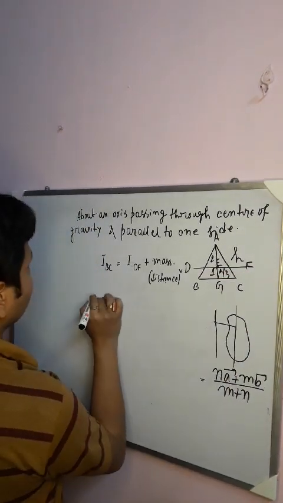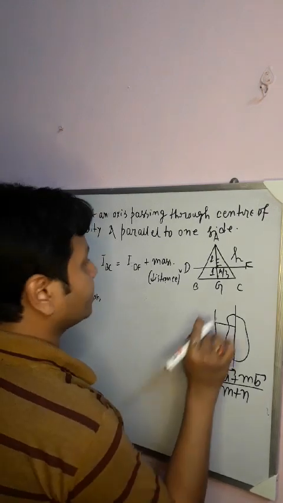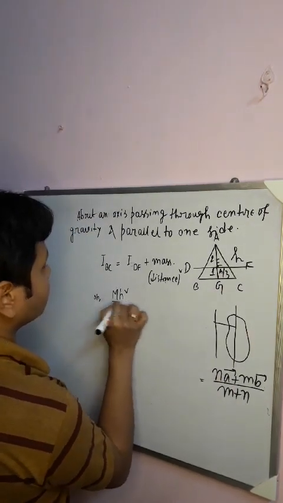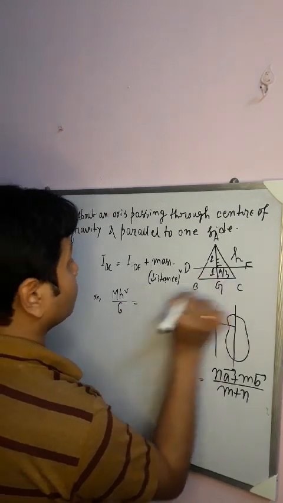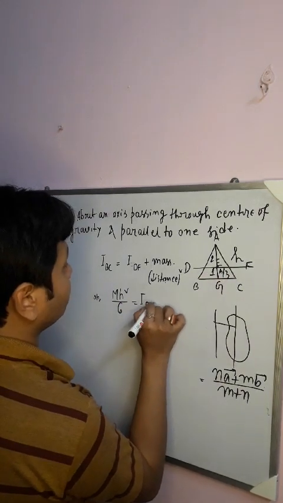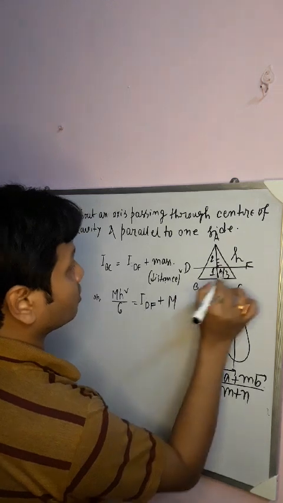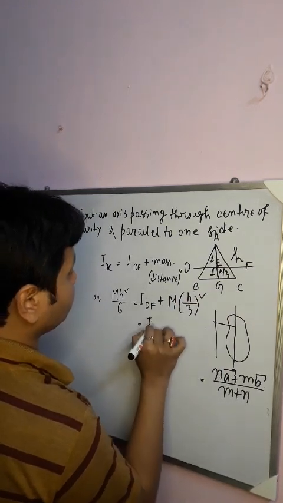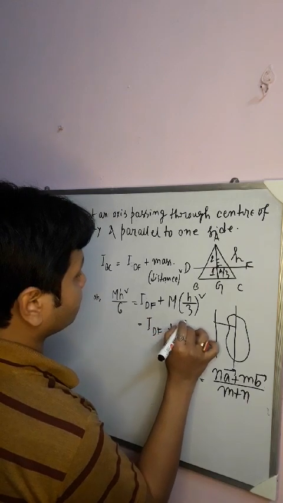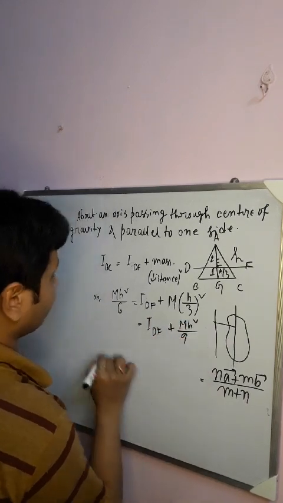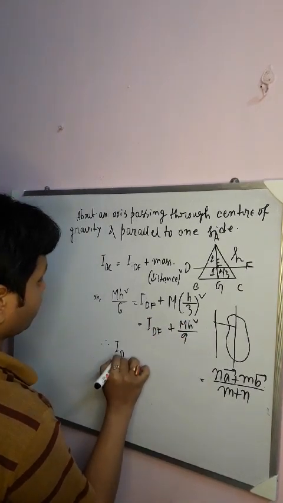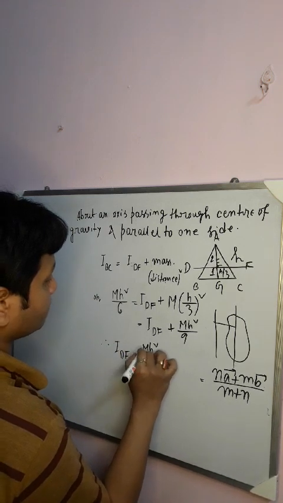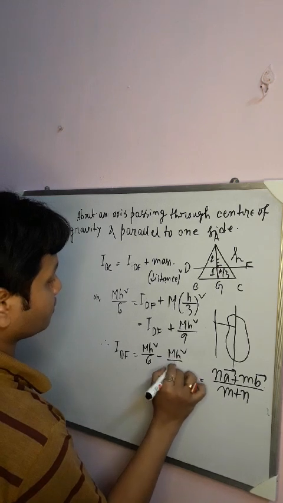Now we have previously calculated that moment of inertia about BC is m h square by 6. So we have to find out about this axis I DF, and the mass is m, and what is distance square? h by 3 whole square. So this is simply I DF plus m h square by 9. So what will be my I DF? m h square by 6 minus m h square by 9.